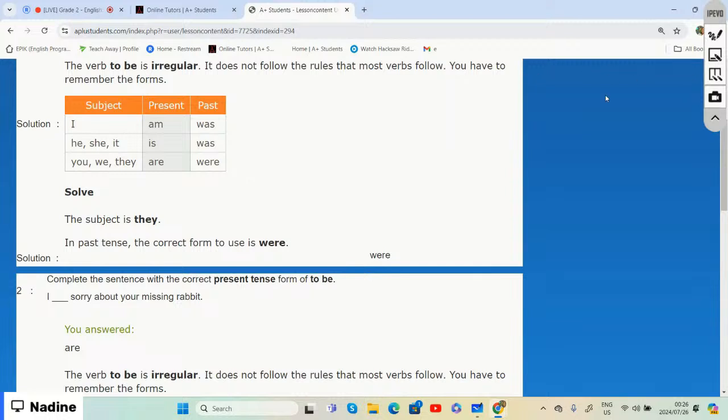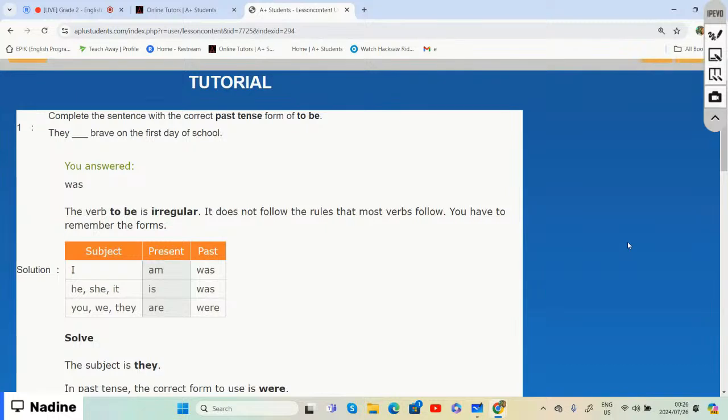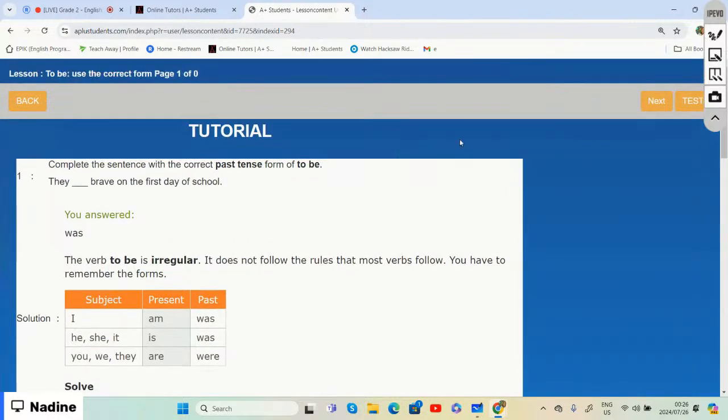All right. So now, if we look at the sentences, we're going to complete the sentence with the past tense form of to be.